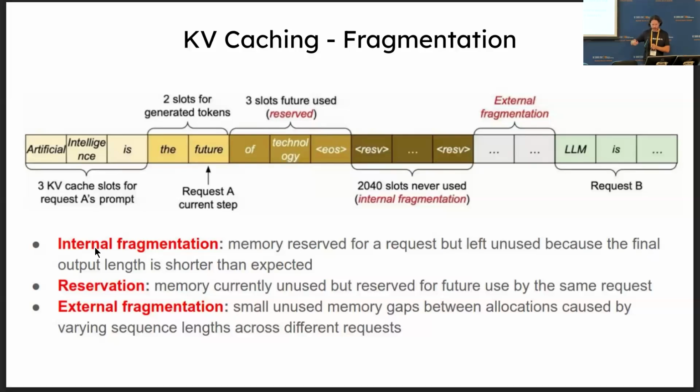We're going to generate 3 more tokens before we get to the end of sequence, so that's the next 3 that are reserved. But we actually reserved much more because we didn't know how long the sequence was going to last. So that's the other 2040 slots.